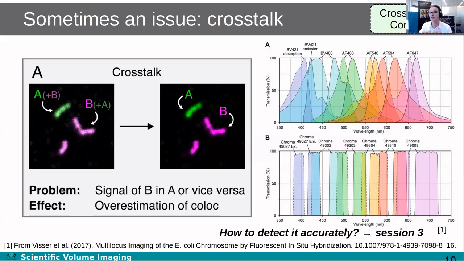If you have crosstalk, you need to correct for that, and we have a very good tool to do that. We'll go into how to detect it accurately, how to do it for a few channels or for many channels, and how to get rid of autofluorescence. We'll cover that in session number 3.